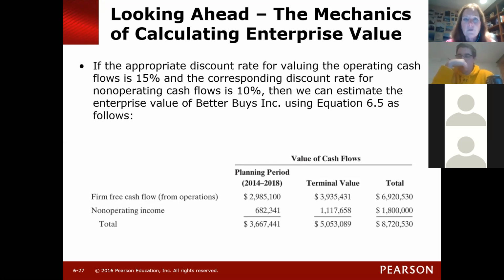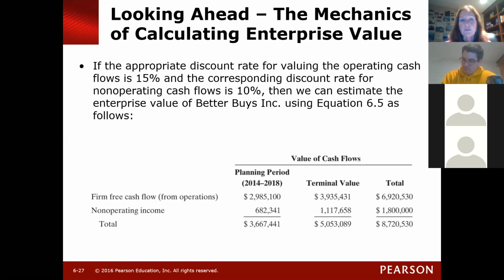Remember back in 703, we talked about within an organization, if you have 4 or 5 different divisions, some of them may be high risk and some may be lower risk. So we have divisional costs of capital. Energy industry is a perfect example. Their regulated business has a lower hurdle rate or cost of capital than any of their market-based businesses. And so to value the company properly, you would need to value the projects in the different divisions using different costs of capital. The same is true with operating income versus non-operating income.